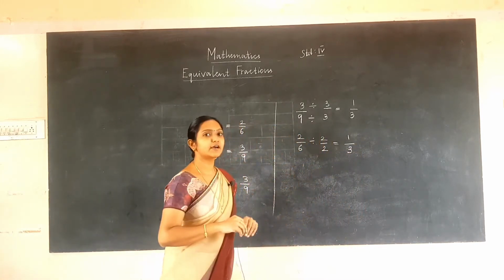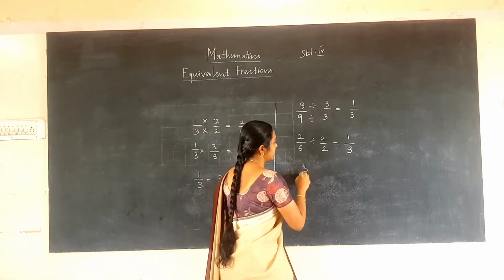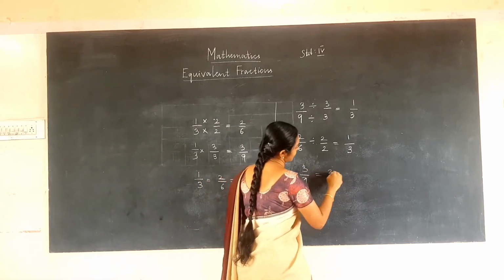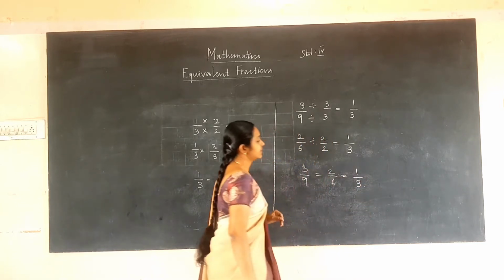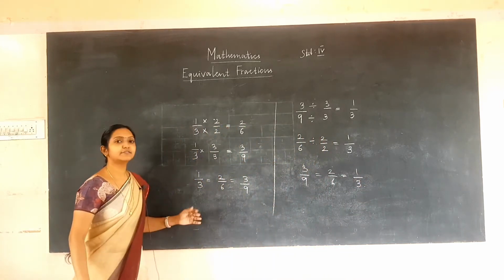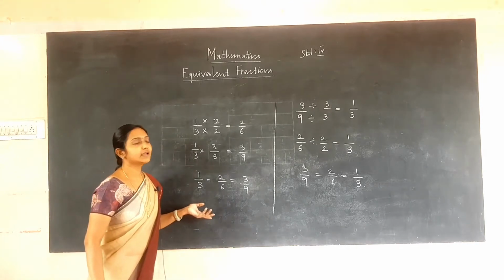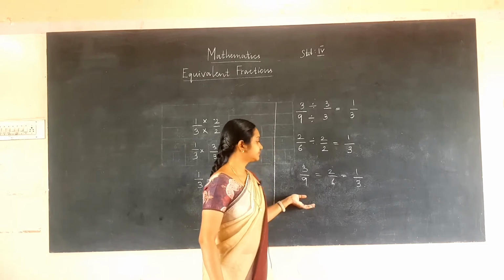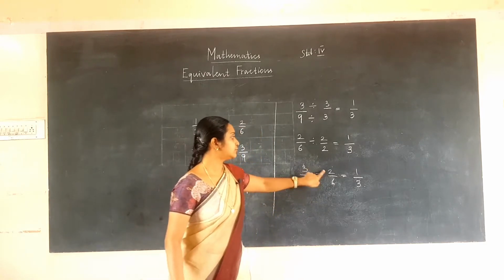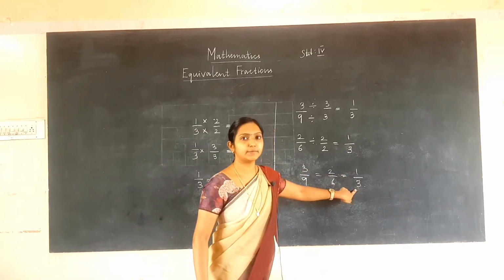So here also we have got 3 by 9 is equal to 2 by 6 is equal to 1 by 3. Here we have found the equivalent fractions by multiplying, and here by dividing. So 3 by 9 is equal to 2 by 6 is equal to 1 by 3.